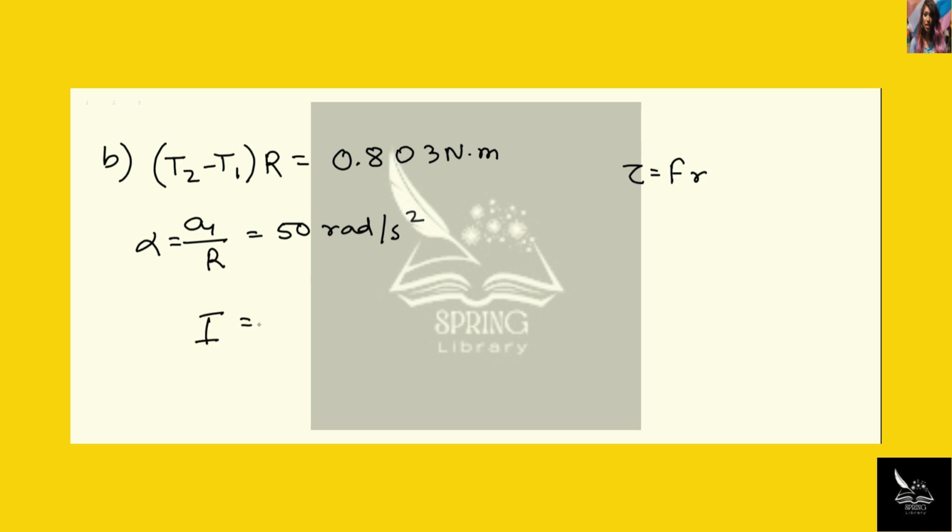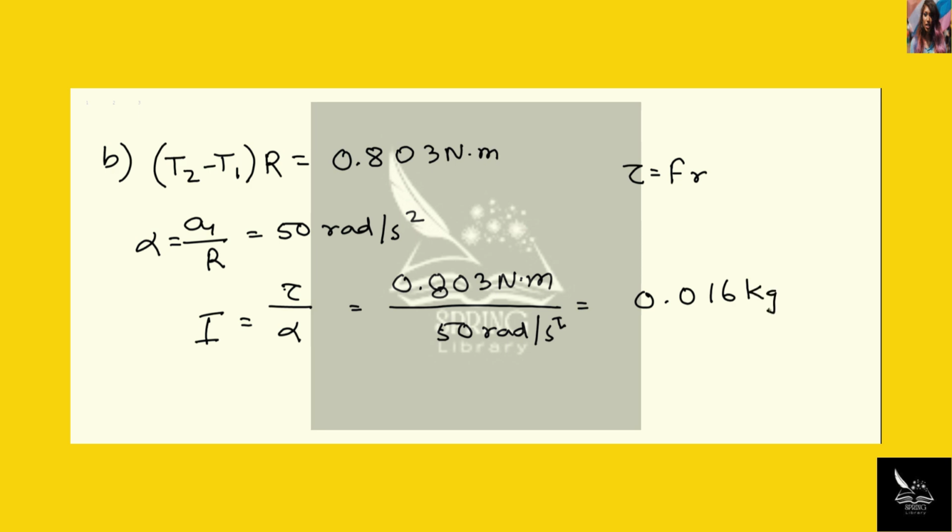So the moment of inertia will be torque divided by alpha, which is 0.803 newton meters divided by 50 radians per second squared, and that gives us the moment of inertia as 0.016 kg meter squared. Thank you.